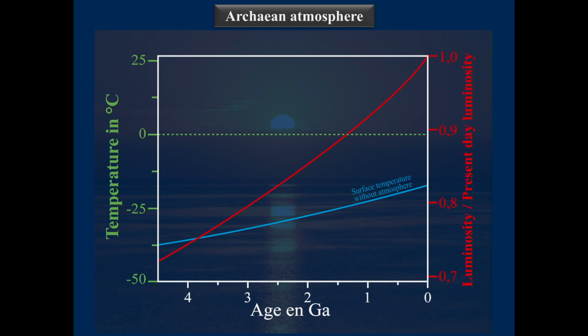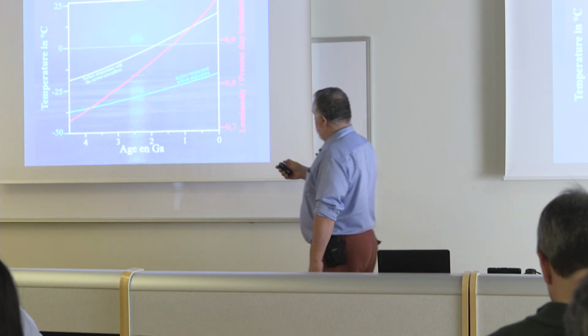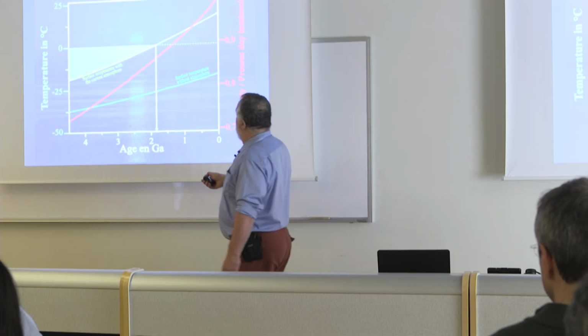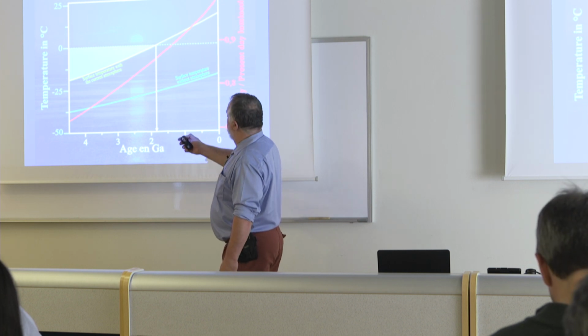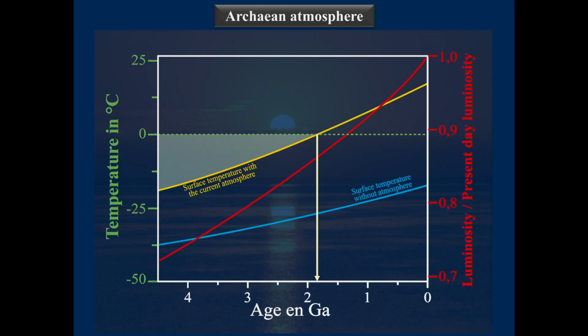Now, if we consider the present day atmosphere, we can see that the temperature will be above 0, as it is today. But the prediction is that up to 2.2 billion years, the temperature would have been lower than 0 degrees. So maybe this could have resulted in a frozen Earth.